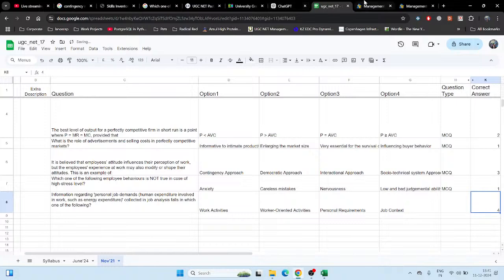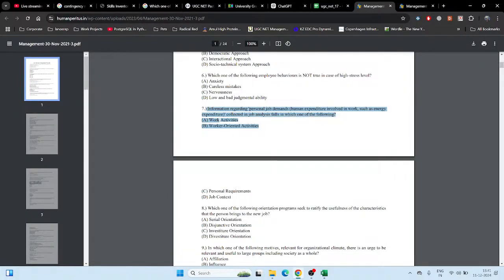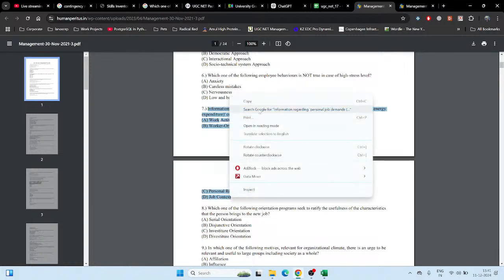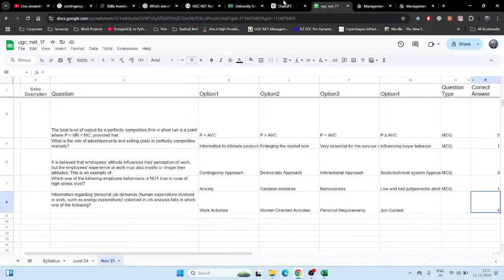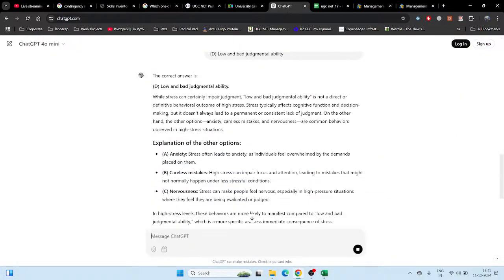Let us see. Seventh answer is B, worker oriented activities. Let us see.